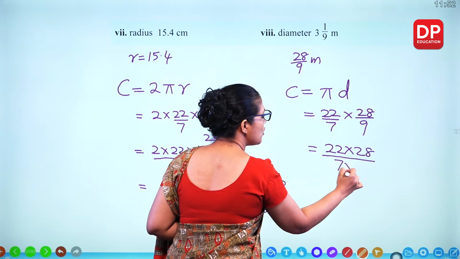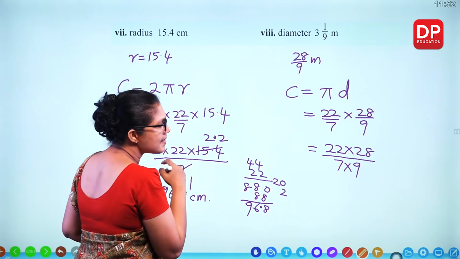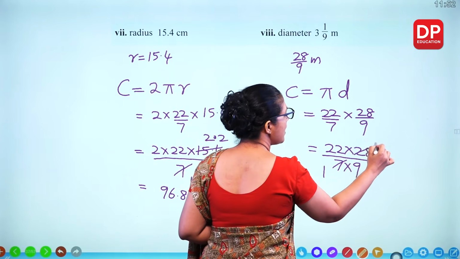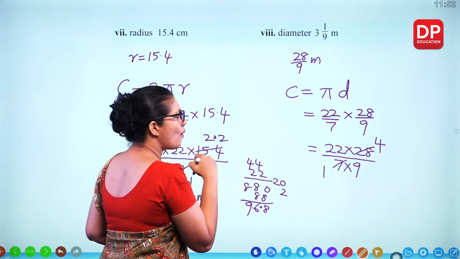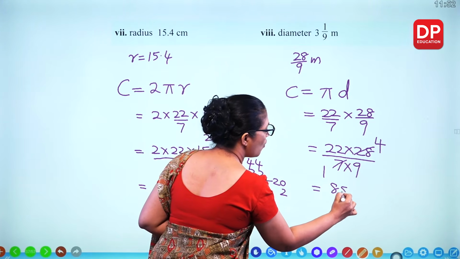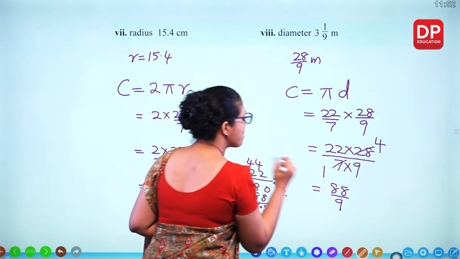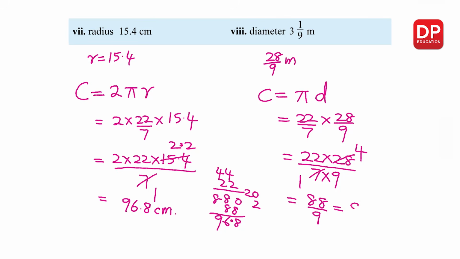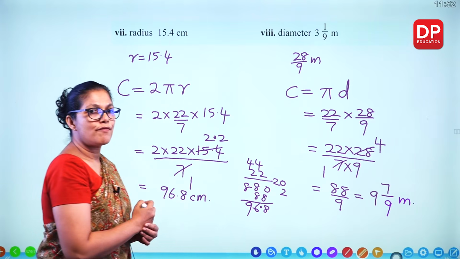First write down the numerator and denominator like this and try to simplify. 7 times 1 and here is 4. 9 you can't divide, so 88 over 9. What's that? 9 times 9, 81. 7 remaining, so 9 and 7 over 9 meters is the circumference.